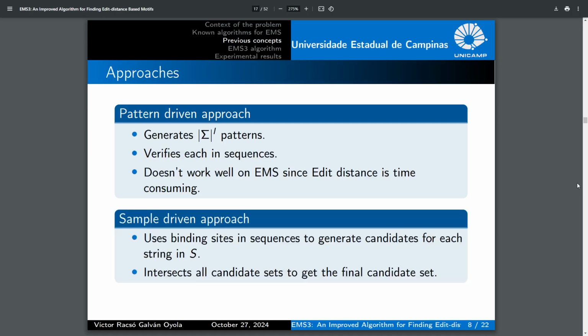And we have the sample-driven approach, which uses the binding sites and sequences to generate candidates for each string in S. So it's going to just generate substrings of each string in S, and in the end they are going to be intersected in some way into the final candidate set. So our algorithm is going to use both of them.